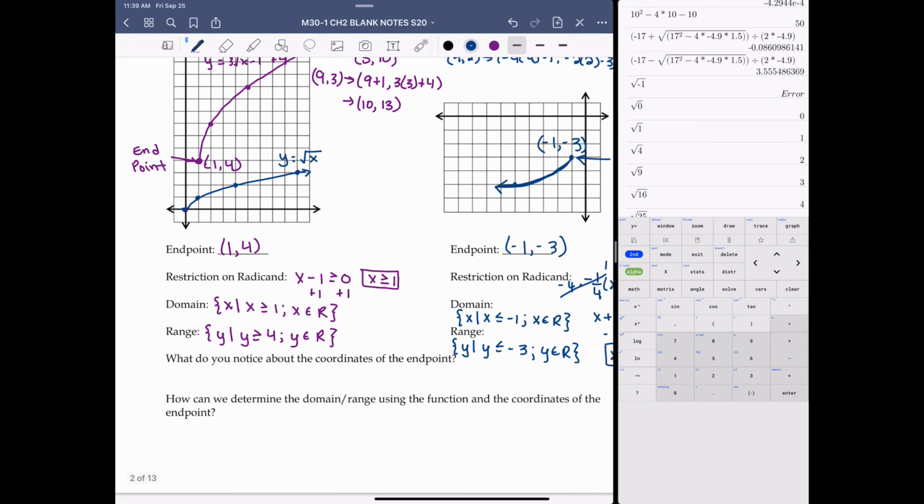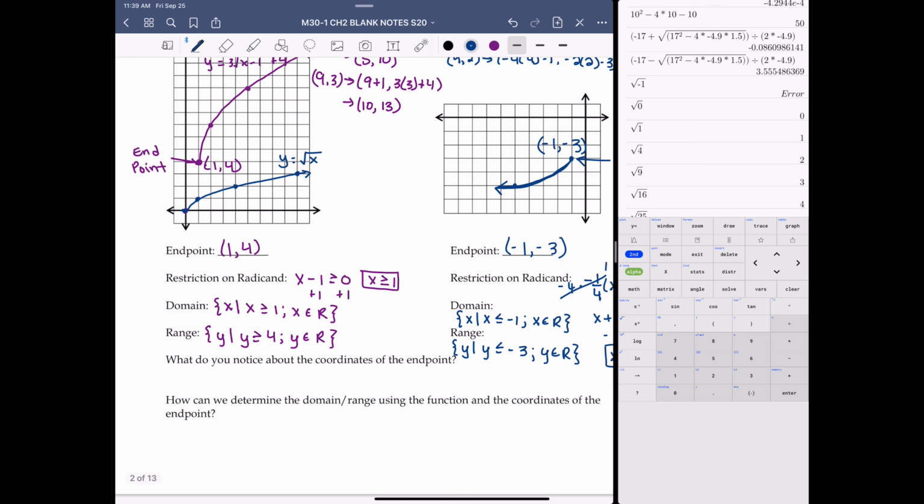So what we should notice is that the coordinates of the endpoint are the h and k values. So our endpoint is the point h, k.